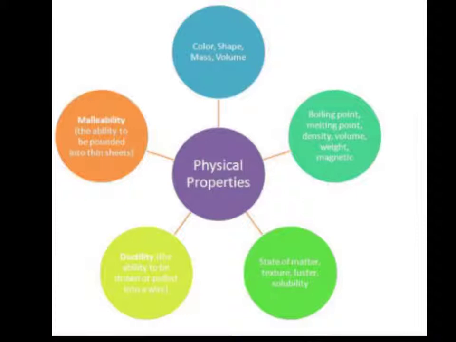Here in this little graphic, I've given you some examples of physical properties like color, shape, mass, and volume, or the boiling point, melting point, density, weight, magnetic properties, the state of matter, whether it's a solid, liquid, or gas, or texture, is it rough or smooth, and luster, how shiny it is.